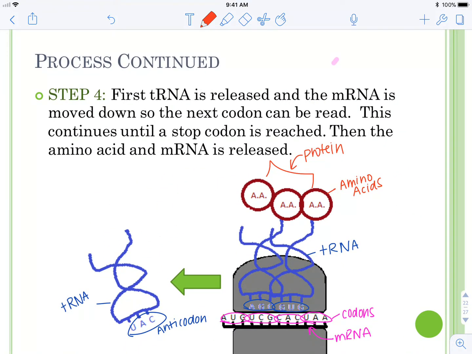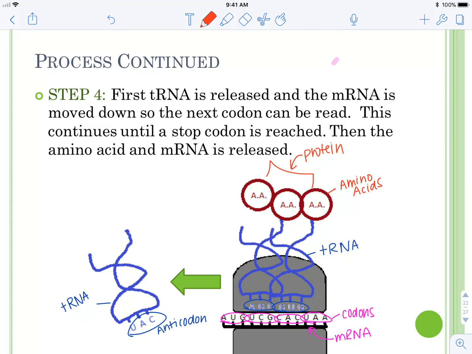Okay? I like to think the tRNA is kind of an amino acid bus. It goes, it picks up the amino acid, it brings it over to the mRNA, it knows where to drop it off based on the codon, and it drops it there and leaves it there so that it can bind to the next amino acids. Okay?